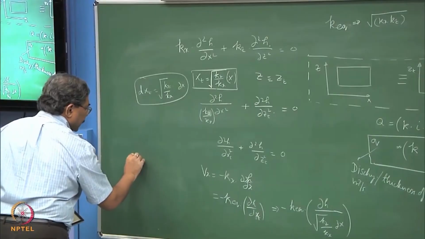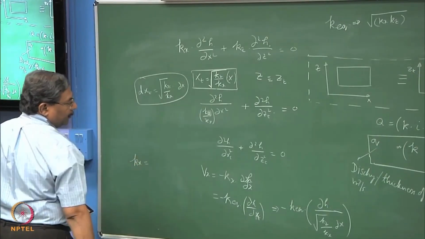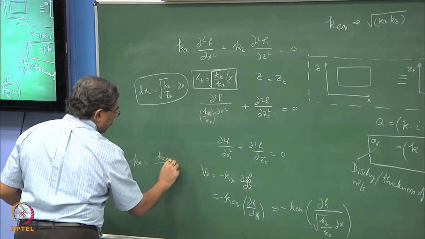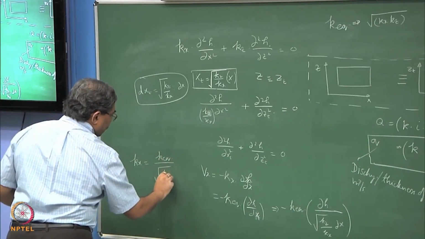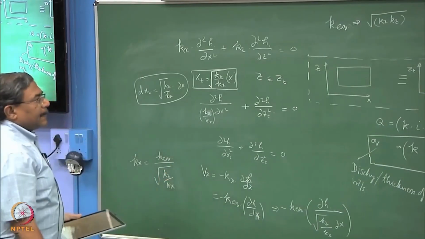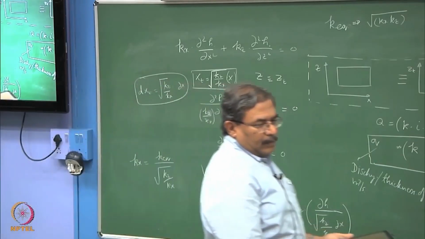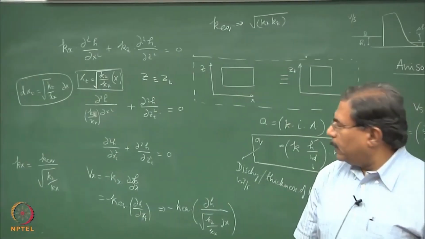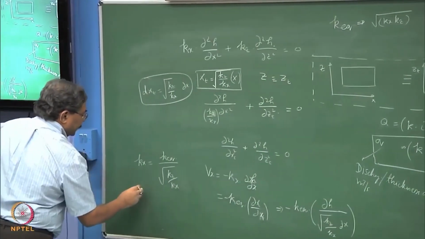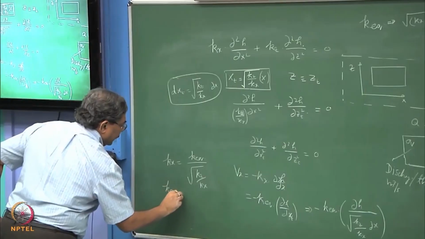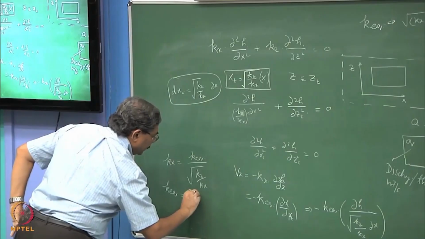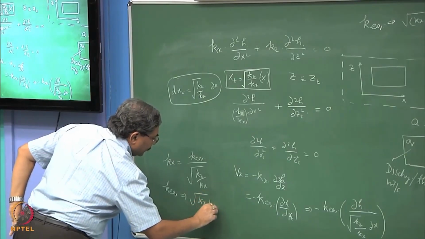That means k x will be equal to k equivalent divided by under root k z by k x, and this would give you the expression that k equivalent would be equal to under root k x into k z.